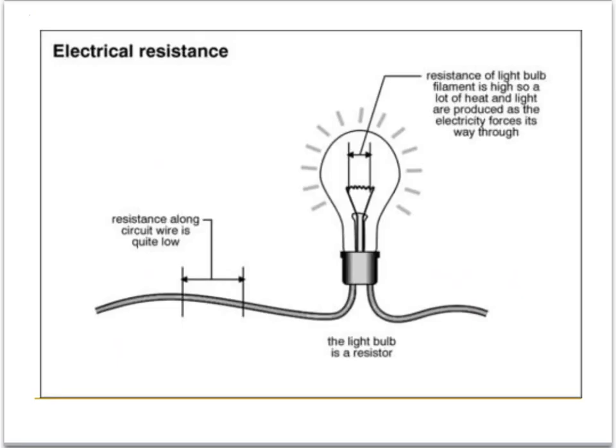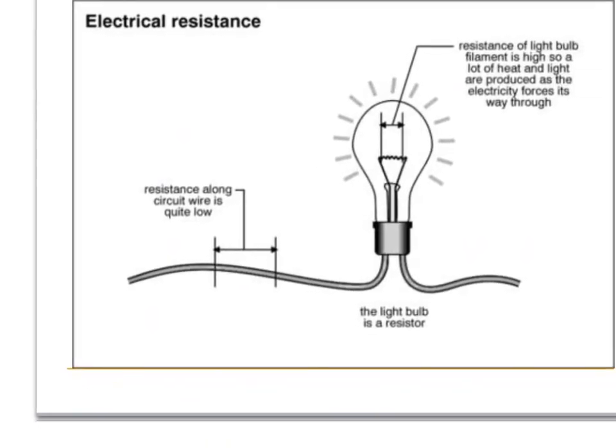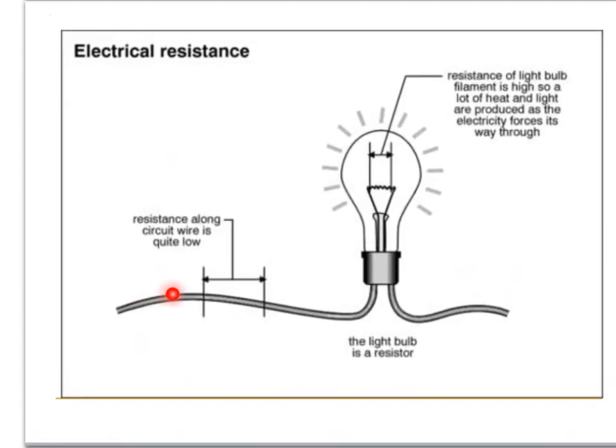The resistance that I just described in the previous slide is the resistance offered by the conducting wire. The real resistance that we have to look into in this topic is the resistance offered by the load.